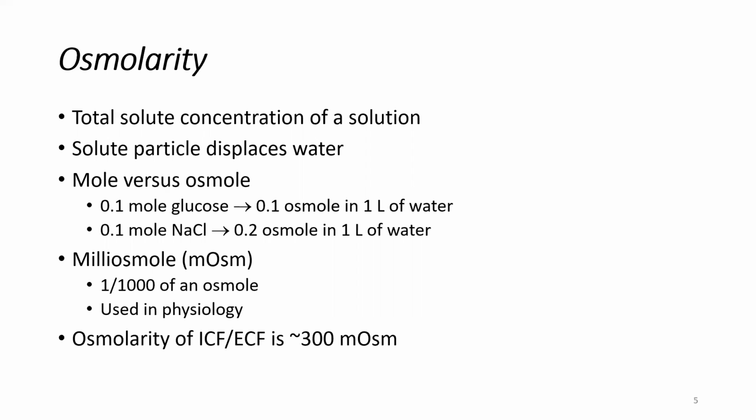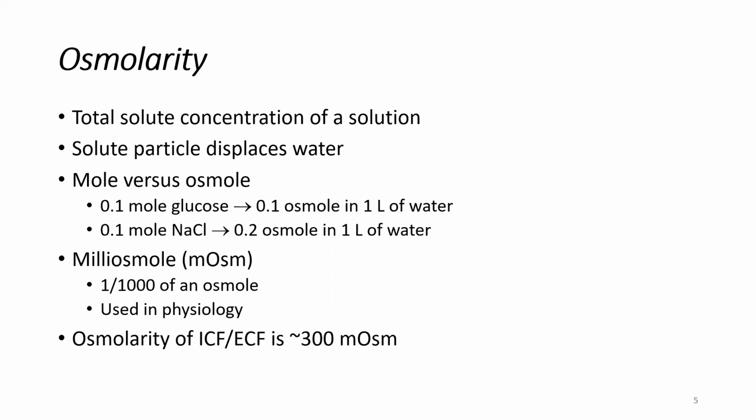But if we have a substance like sodium chloride, the same amount, 0.1 moles of sodium chloride, dissolved in 1 liter of solution, then the overall osmolarity is now 0.2, and that's because sodium and chloride will further dissociate into individual particles.